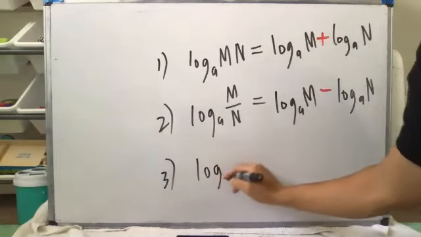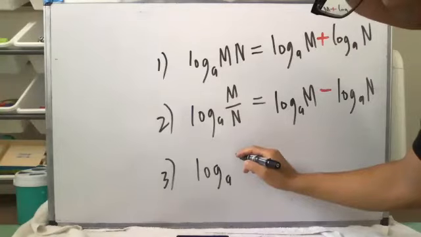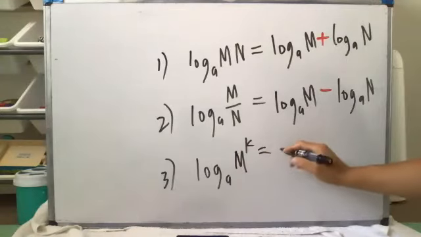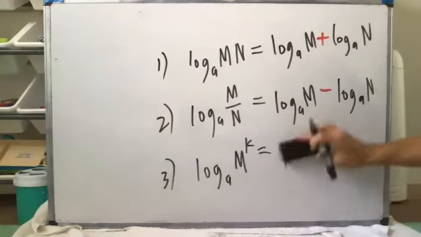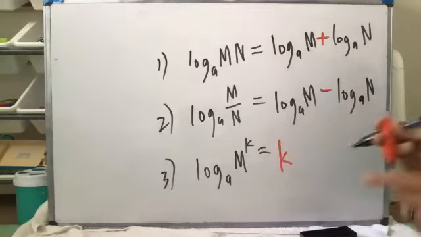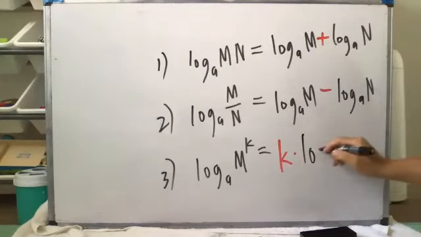If I take log base a of m to the, I'm sorry, m to the k, whatever this exponent is, I can think of it as being a multiplier instead. It changes exponent to multiplication, k times the original log base a.